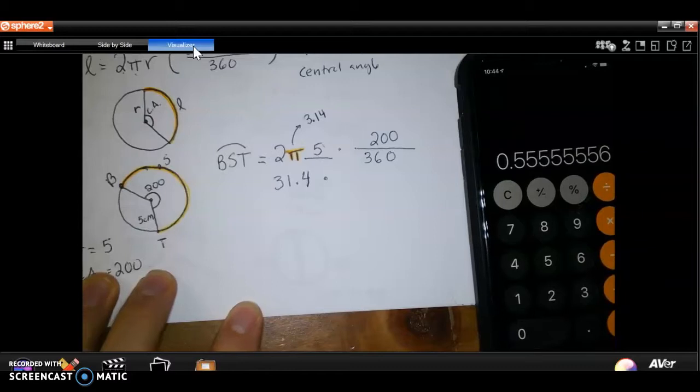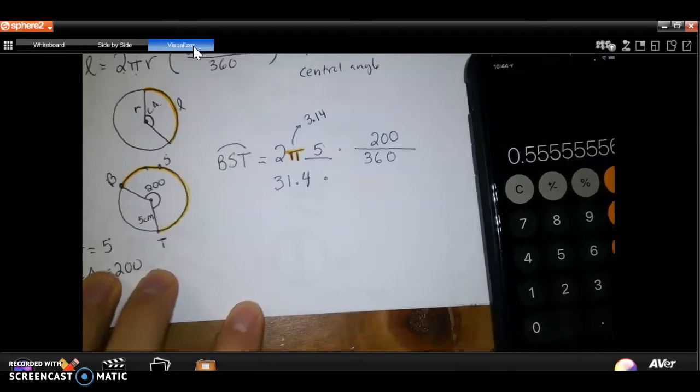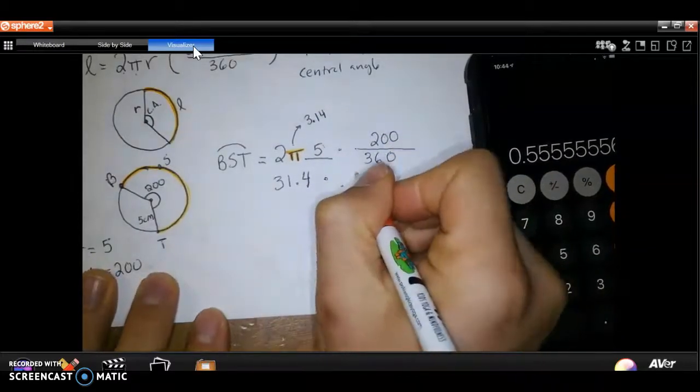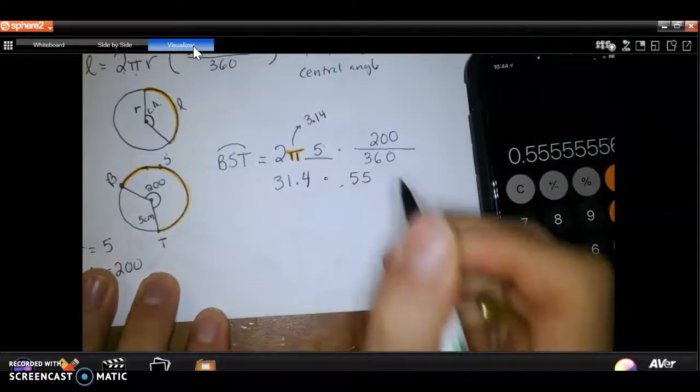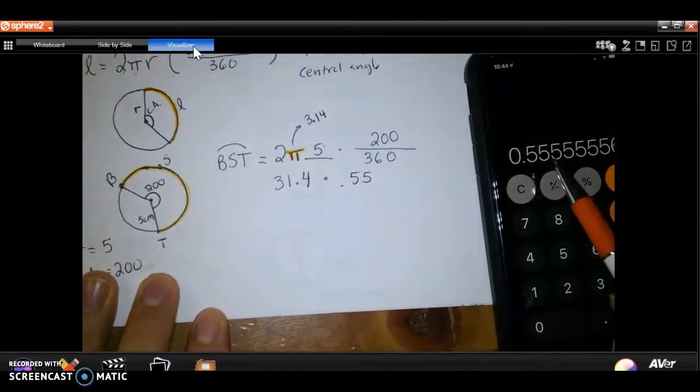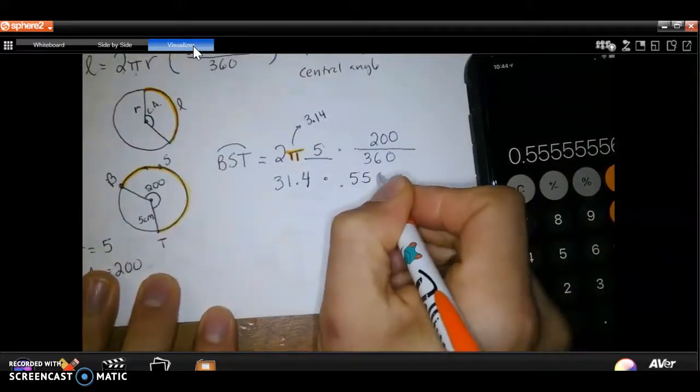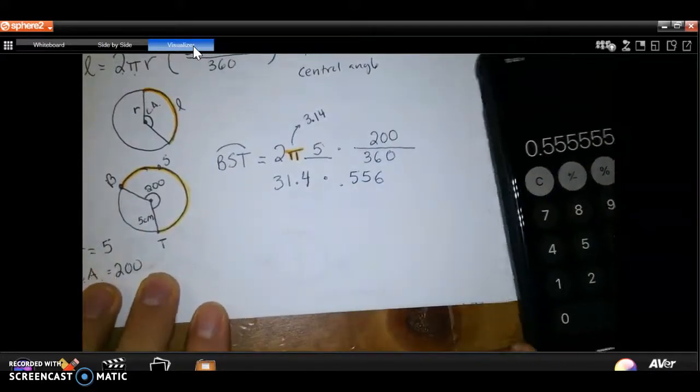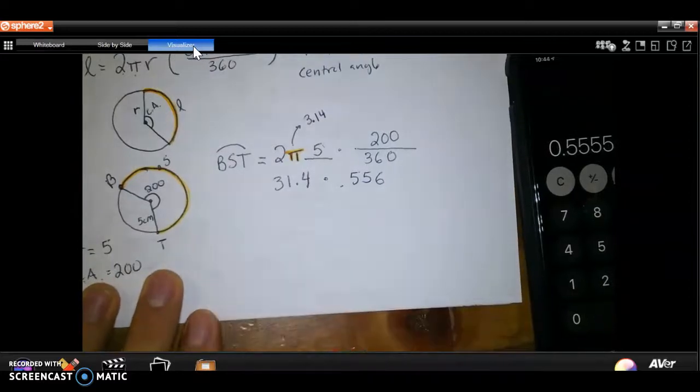That gives me 0.5 repeating. Now I'm going to go to 3 decimal places, and I obviously round up, because if I go to the third, we look at the fourth. 5 and above, give it a shove. Very aggressive for decimals.